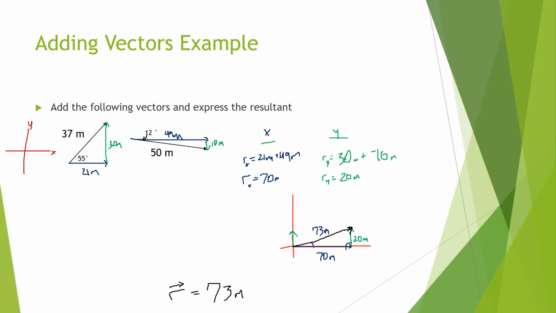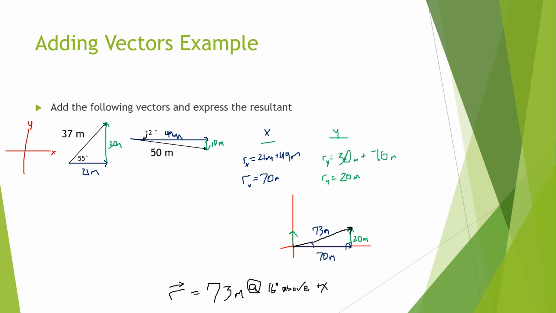So the inverse tangent of 20 divided by 70 will give me the angle. And that gives me an angle of 16 degrees. So this is an angle of 16 degrees above the positive x-axis.